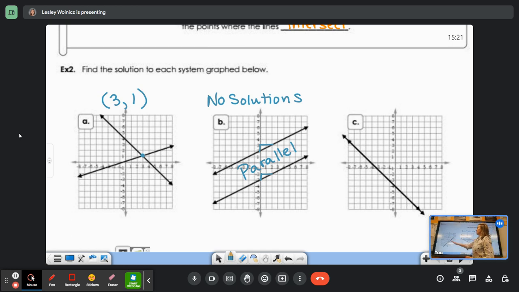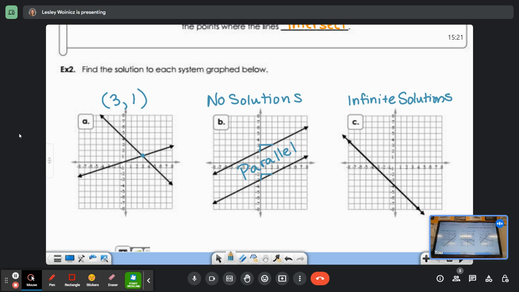Okay. All right, what about this one? Do you see that there's, how many are there? More than 2. Or there's 3. All of them? What's another word for infinite? Okay, this one has infinite solutions. If the 2 lines are the same line, then they're going to be crossing everywhere.